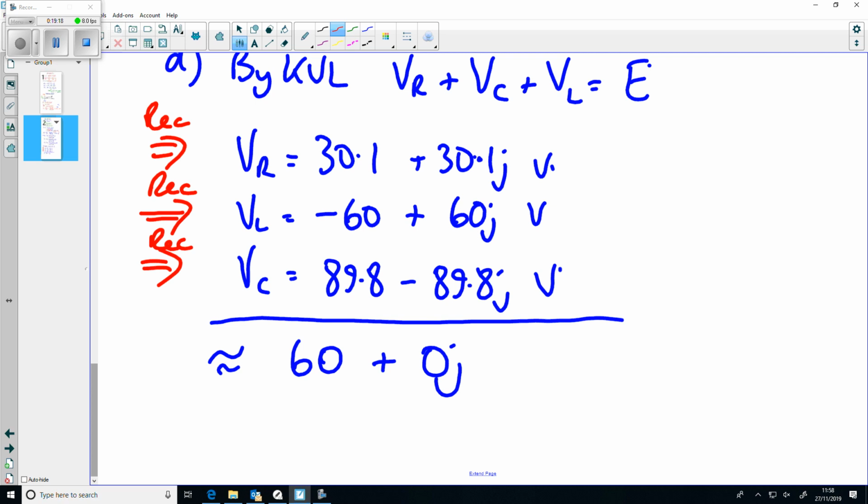So we got 90 minus 60 plus 30 is approximately 60. It's only ever going to be approximate because of random errors and conversion errors. And then we got plus 30J, plus 60J, and minus 89, minus 90 is roughly equal to 0J. That's the 60 volts at 0 degrees we started off with in the first place.